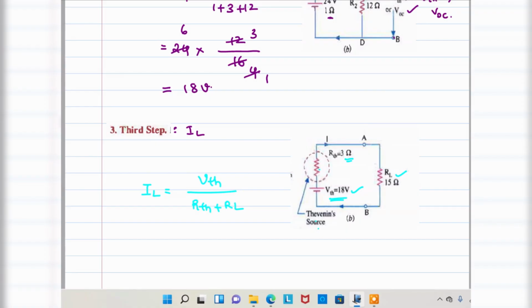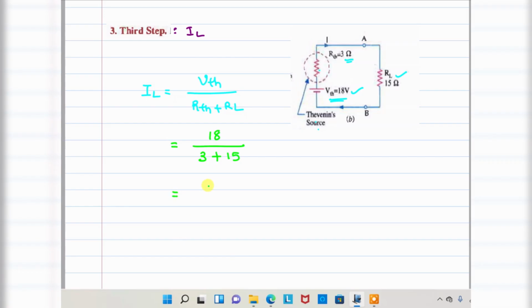So IL is 18 divided by 3 plus 15, which is 18 divided by 18, equivalent to 1 ampere.